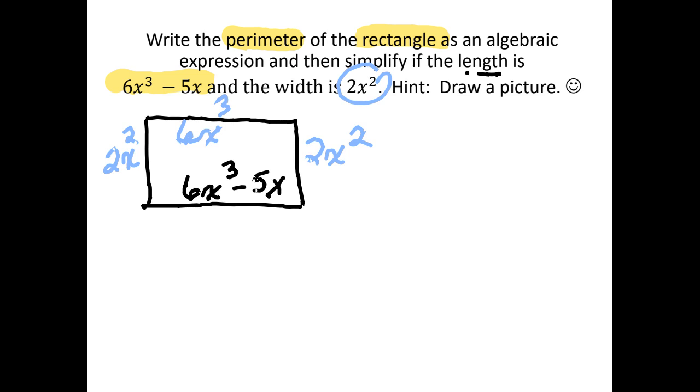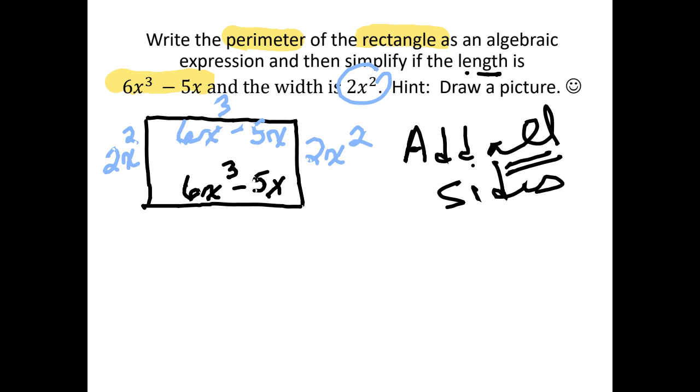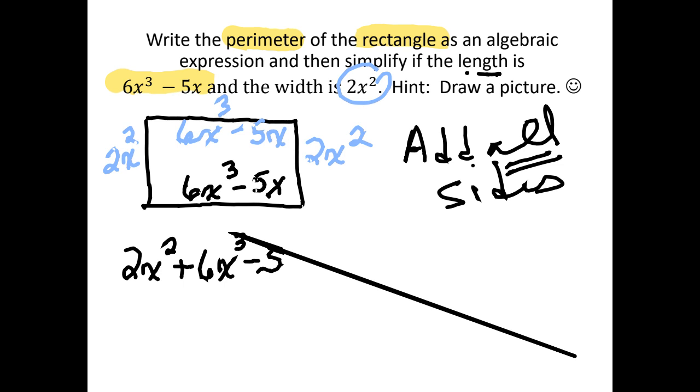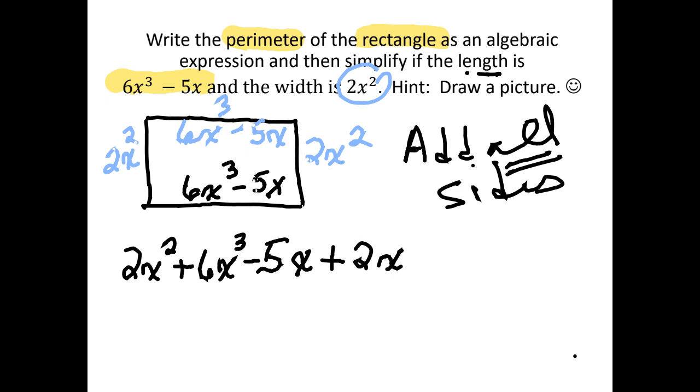which means this equation, perimeter, add all sides, which means 2x squared plus 6x cubed minus 5x plus 2x squared plus 6x cubed minus 5x.